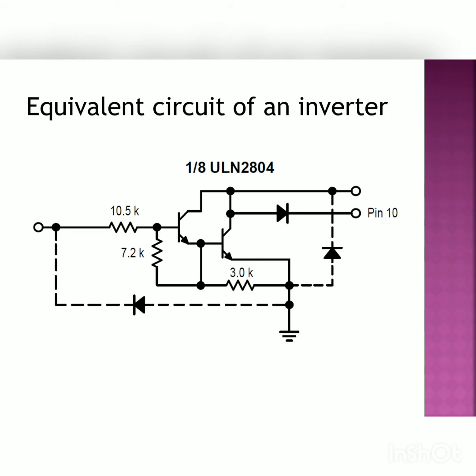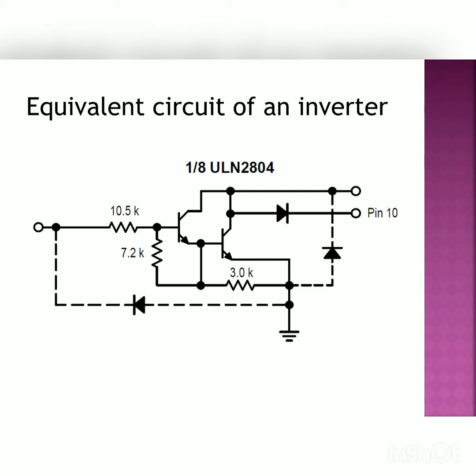Similarly, there is the equivalent circuit for an inverter in the case of the ULN2804. There is a difference between these two equivalent circuits, and that is the base resistance for the first transistor has been increased from the previous one.